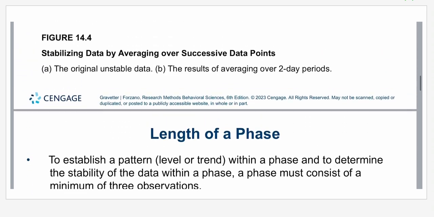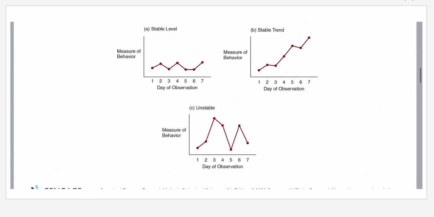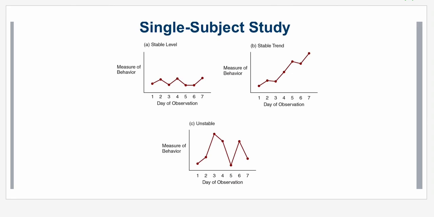If we go back to our examples here, you can see that the differences between day one and day two in all 3 graphs is pretty much the same. So if we only looked at day one and day two, we would have no idea if we were looking at a stable level or a stable trend or an unstable behavior.